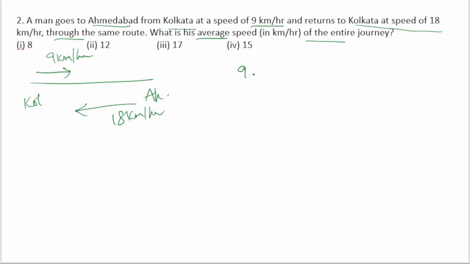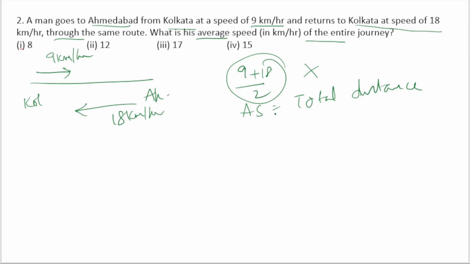So can we do 9 plus 18 divided by 2? No, we cannot do this. Why? See here, average speed is equal to total distance traveled divided by total time taken. What is the total distance?